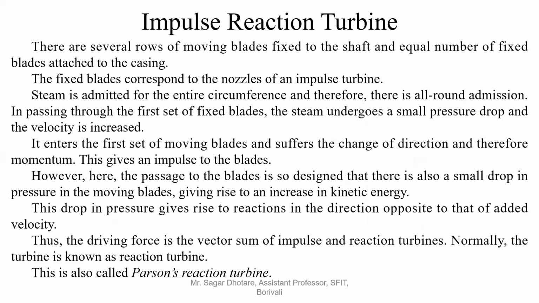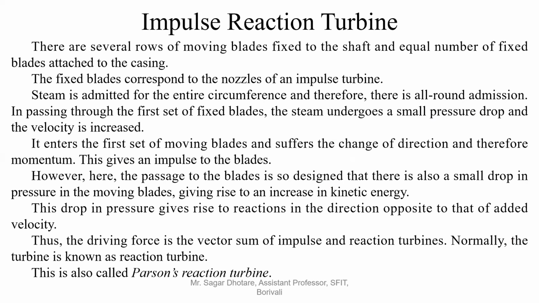Now when the steam is passing through each set of blades, when it travels from the fixed blade, the velocity increases, and when it passes over the moving blade, the velocity of the steam is transferred to the moving blade, so that the moving blade is going to rotate in the direction of the steam.